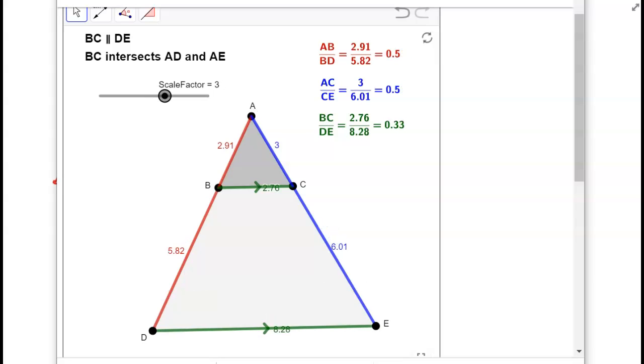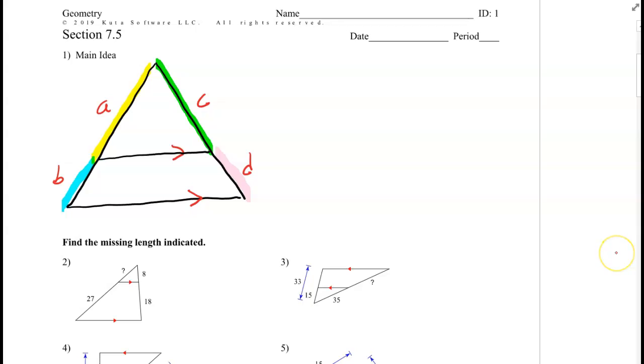If I change the scale factor, you can see 2.91 over 5.82 is 0.5, 3 over 6.01, and there's a little bit of rounding error, is 0.5. So it turns out that we can say the following: A over B is equal to C over D.